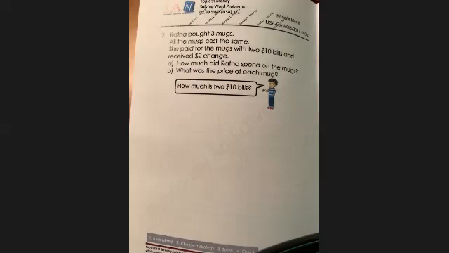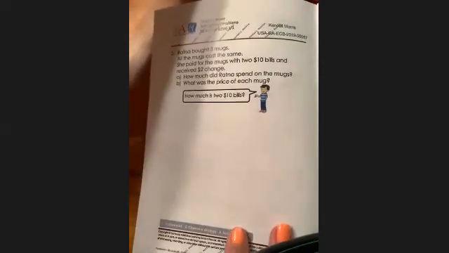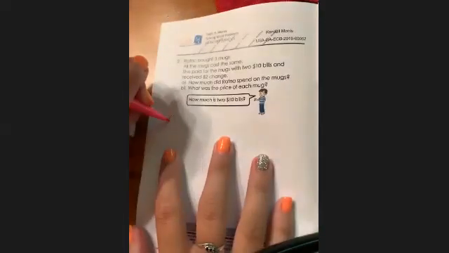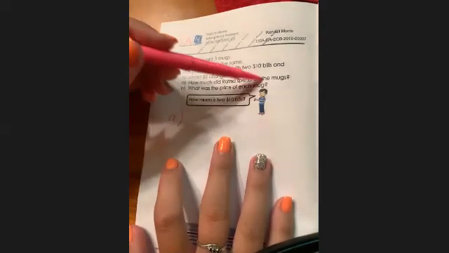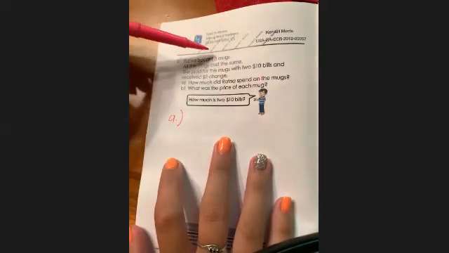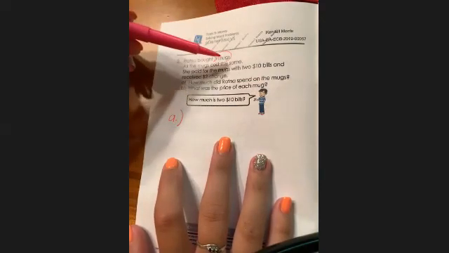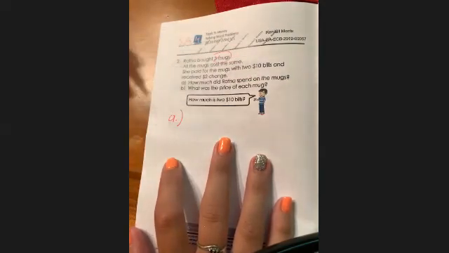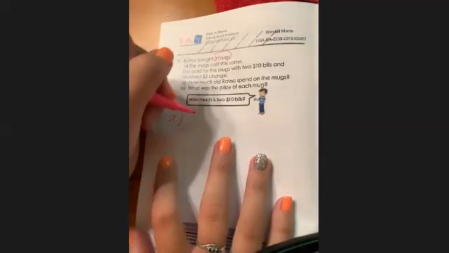Very good. All right, so we've got a 2-part problem here. First we're gonna have to figure out part A. In part A, we can do this pretty easily because we don't need a bar model for this one. If we wanna figure out how much money she spent on the mugs, she paid with 2 $10 bills. How much money is 2 $10 bills? $20, right?